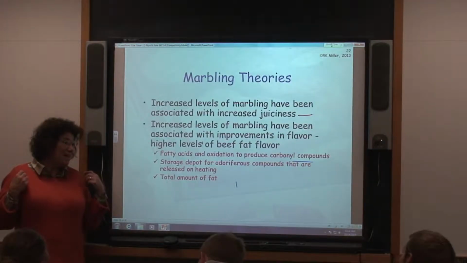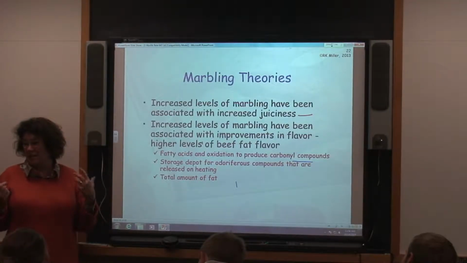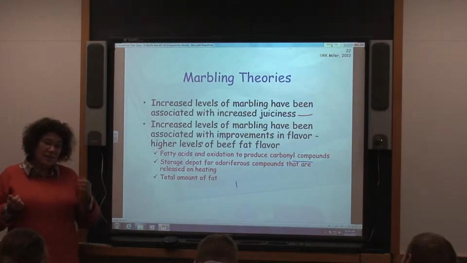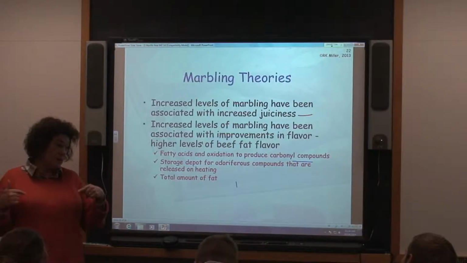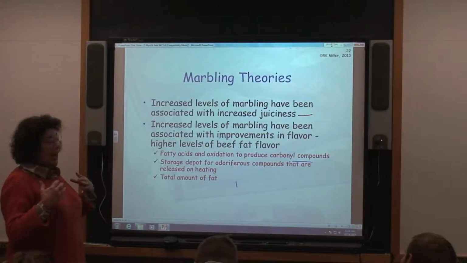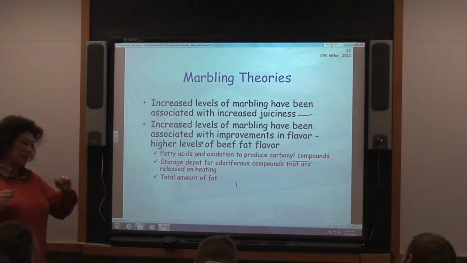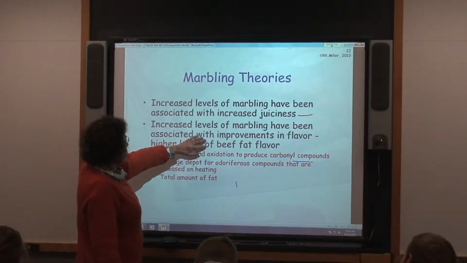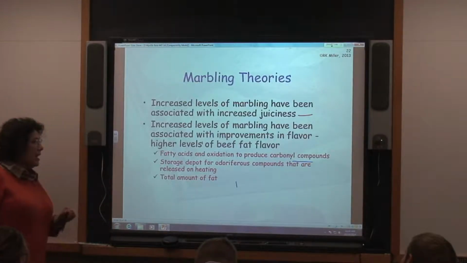So we just have an innate response to fat in our mouth, whether we think about it or not, and it usually is increased salivation. So we perceive it as being juicier, whether it is or not. And fat usually squirts too. So if it's higher fat, it squirts out with the juices, and we perceive it as being juicier. And we also perceive it as having fat flavor.